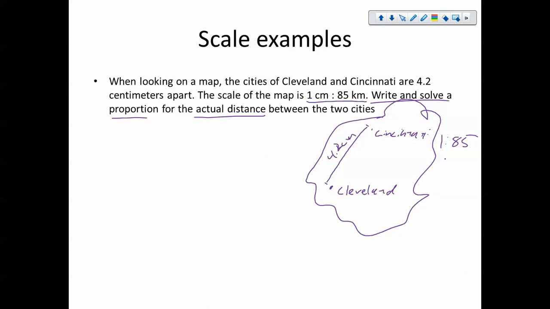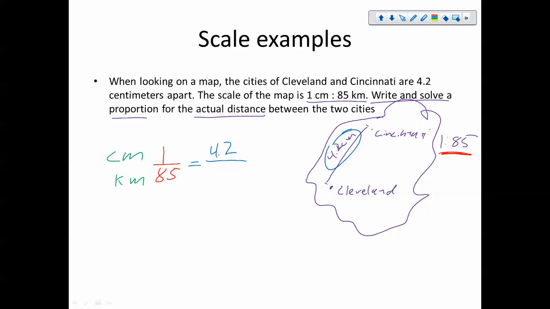If we have a scale of 1 to 85, that right there is one of our ratios, one of our fractions that we're putting in. The important thing to recognize is that the top part is the centimeters, and the bottom part is the kilometers.